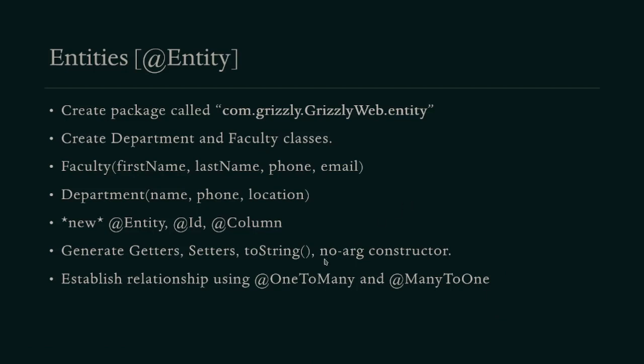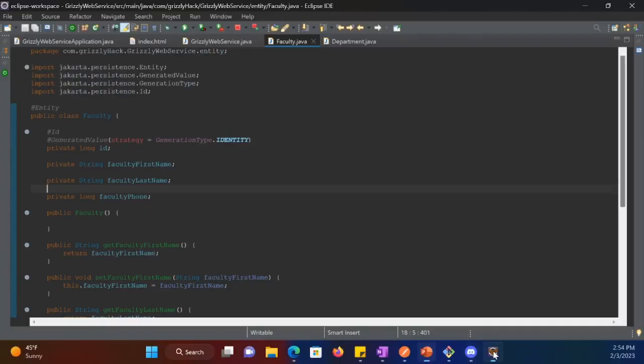I'm getting an error. This just happened, for the annotation entity in the faculty class. I'm hovering over it, and it's telling me if I should create an annotation entity or change to entity scan. So if you follow this, did you do an import?